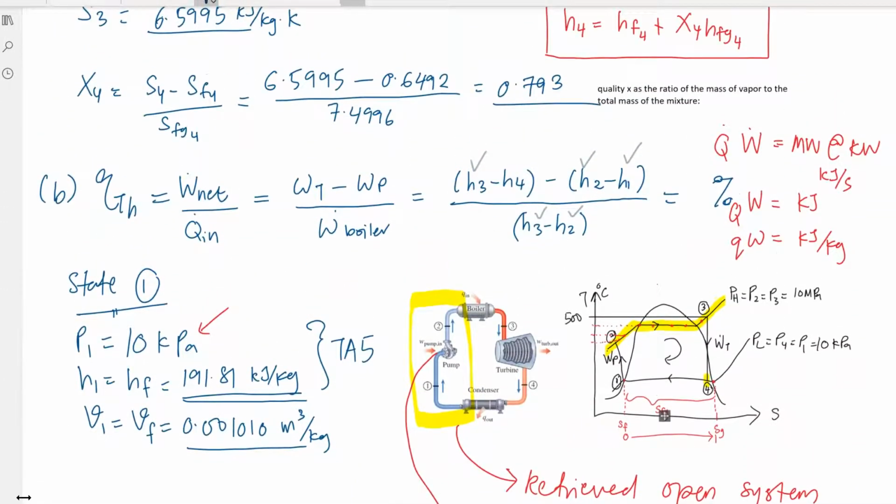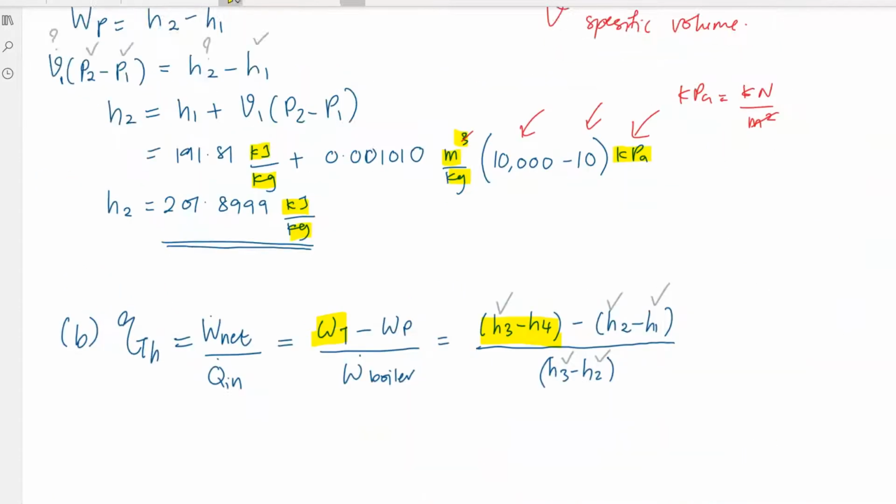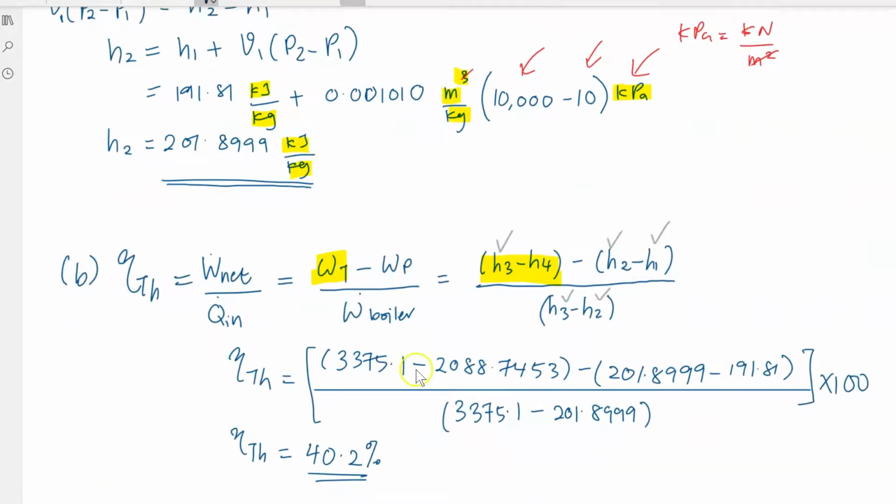Now that you already have all the values that you are going to need, we can solve your thermal cycle efficiency. When you plug in all the values, finally you are going to get 40.2%. The thermal cycle efficiency is 40.2%.